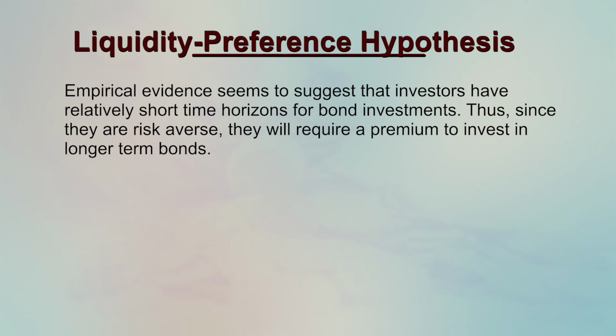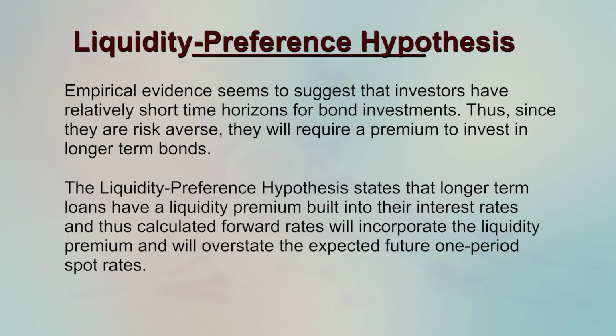They are risk averse, so they will require a premium to invest in longer term bonds. This premium is meant as some kind of protective shield against the risk of investing in these longer term bonds. So the liquidity preference hypothesis states that longer term loans have a liquidity premium built into their interest rates.